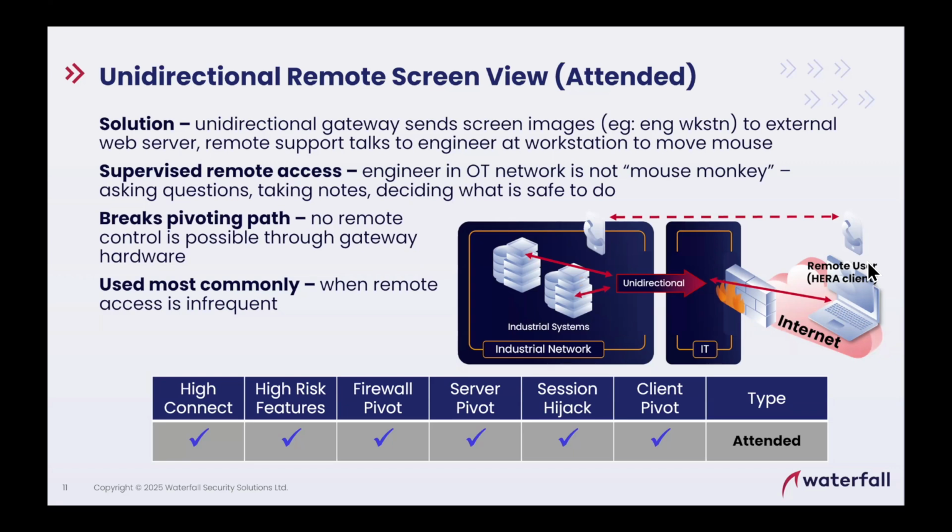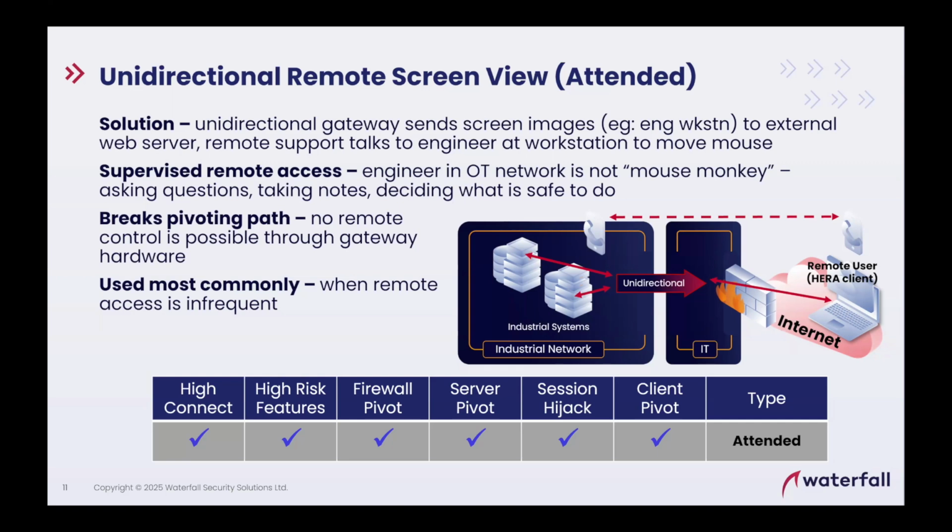We need an engineer on the industrial network moving the mouse, typing on the keyboard, according to the instructions of the vendor. The engineer is supervising the vendor. The engineer only moves that mouse when they understand why they're moving the mouse and why this is the right thing to do to their equipment. The vendor thinks they're supervising the engineer, because they're the ones providing expertise to diagnose and solve a problem.